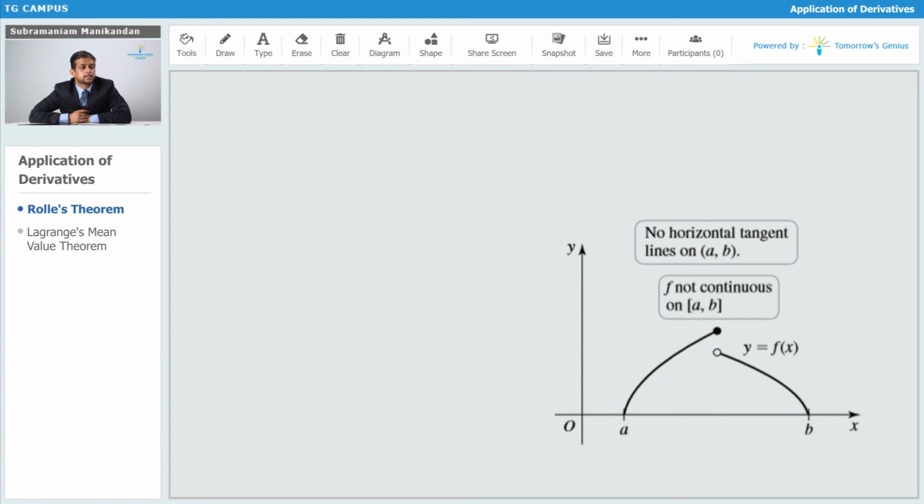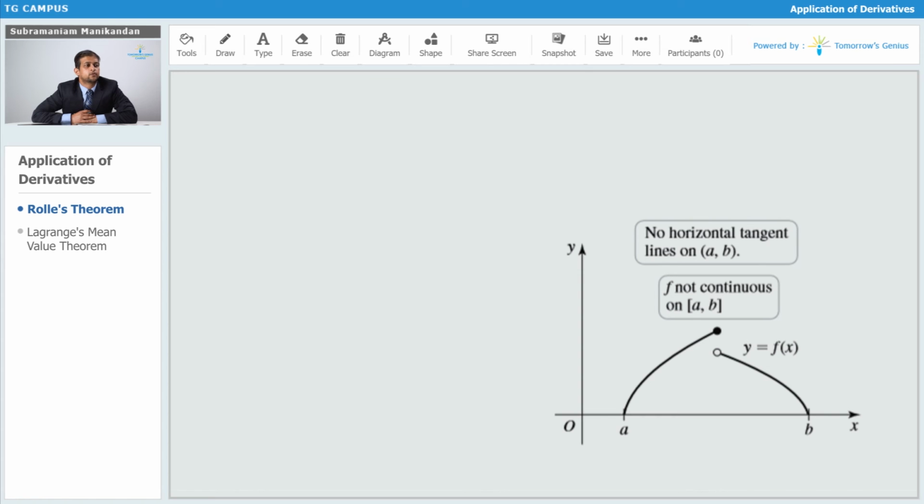So this is the graph of a function from a to b. It has one point of discontinuity between a to b at this point, say D. Since it is not continuous, there is no point on this function where the tangent drawn is going to be perfectly horizontal.